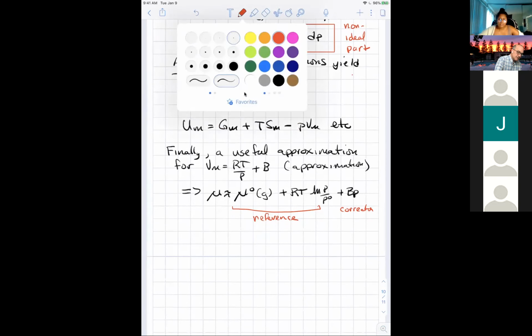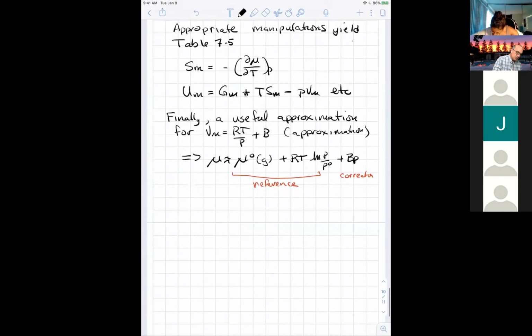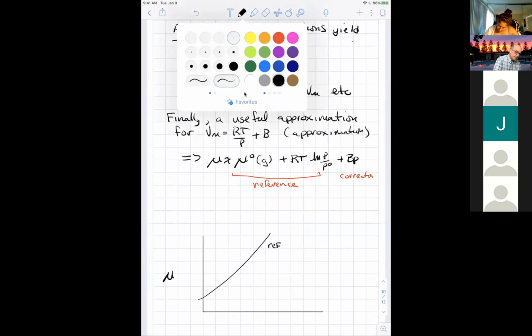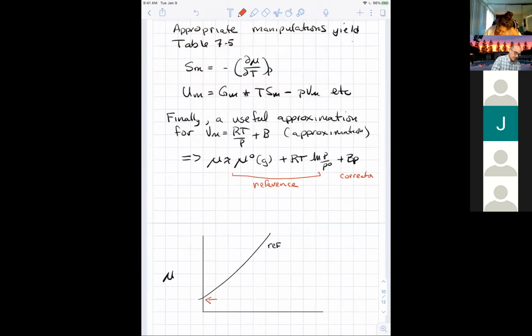So let's put this into the context of a plot, because you know physical chemists love plots, right? Here, if we're going to have the chemical potential for some hypothetical substance, then we have this. This is going to be our reference, right? This down here is going to be the standard mu. And the real behavior like this is going to be our correction.